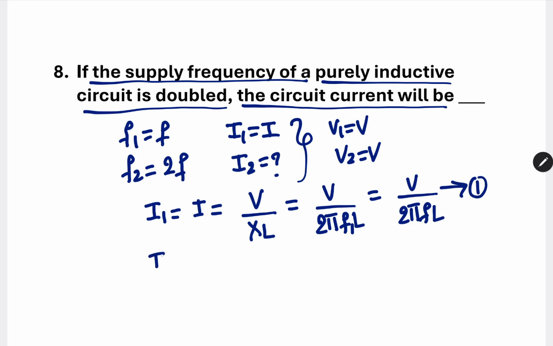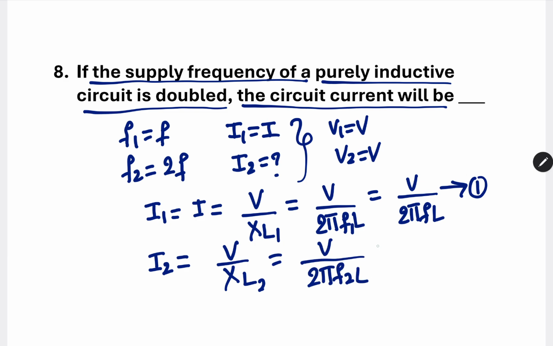And I2, after the frequency is doubled, we have to calculate I2 is V divided by XL. This is XL1, let us say it is XL2. V by 2 pi F2 L, that is equal to V divided by 2 pi F2, where the F2 value is how much?